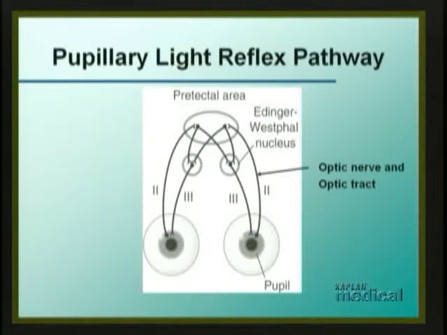But note what the job of those pretectal nuclei are. They basically send axons that synapse on both nuclei of Edinger-Westphal. So by activating the Edinger-Westphal nuclei bilaterally, in response to a unilateral visual stimulus, there is bilateral pupillary constriction.